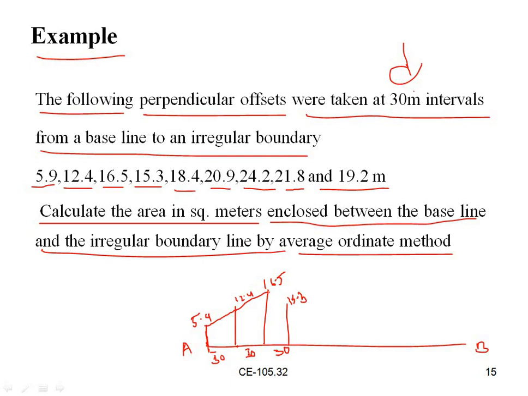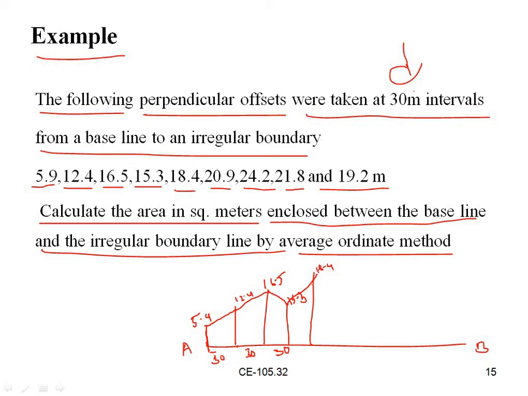Then you draw this line. Why? Because 16.5 is greater, 15.3 is less. Then again you take 30 meters distance, draw more than 16.5, it will be 18.4. So now attach this line 15.3 to 18.4.